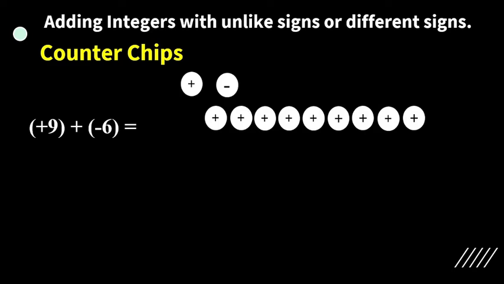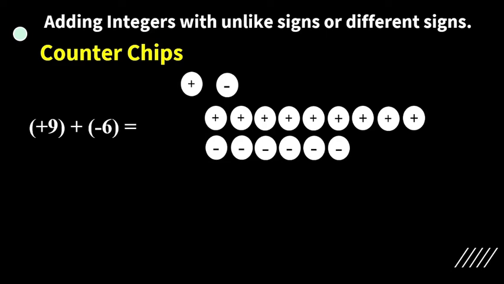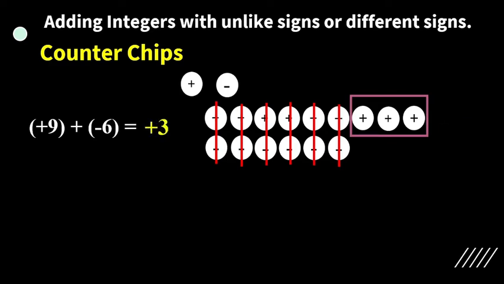Plus -6 will be represented by 6 negative chips. The next step is to pair off a positive and negative chip because both of them, if put together, will give us 0, or we just simply cancel out all those chips with pair. So we have 3 positive chips. Therefore, +9 plus -6 is equal to +3.